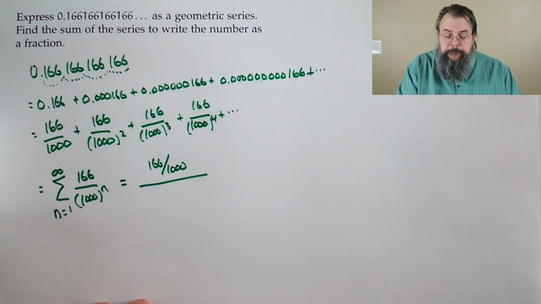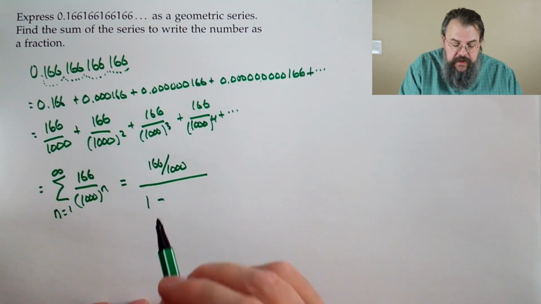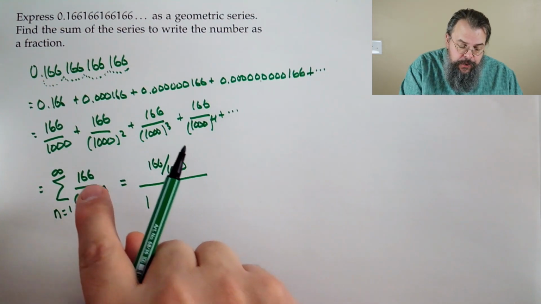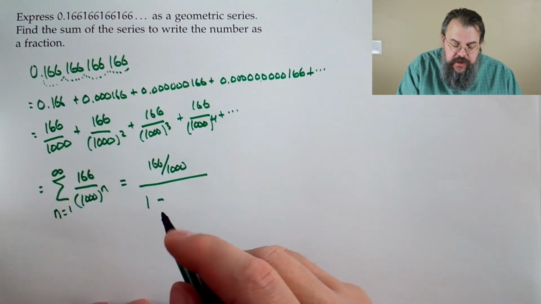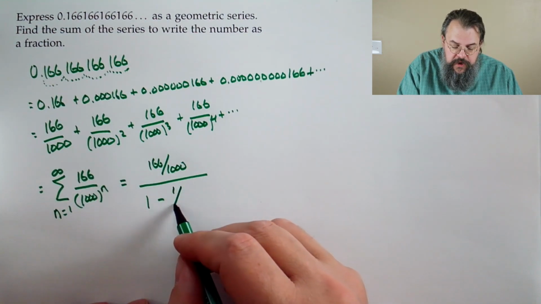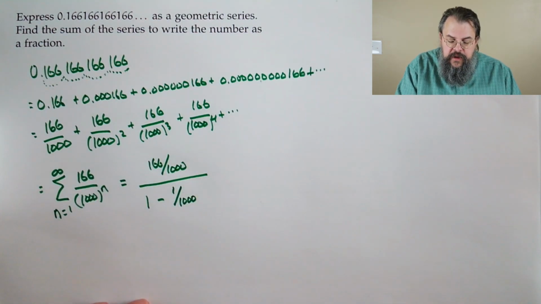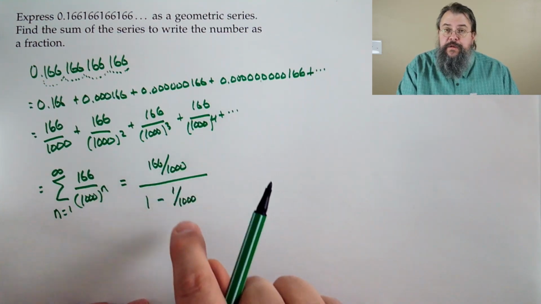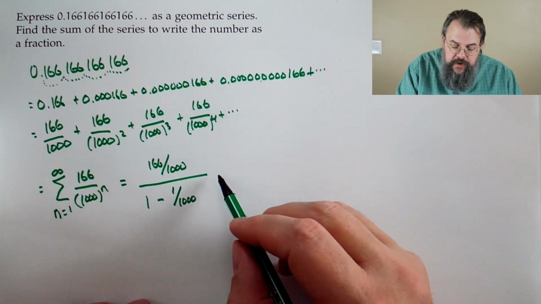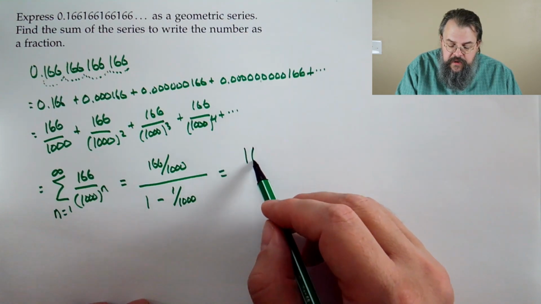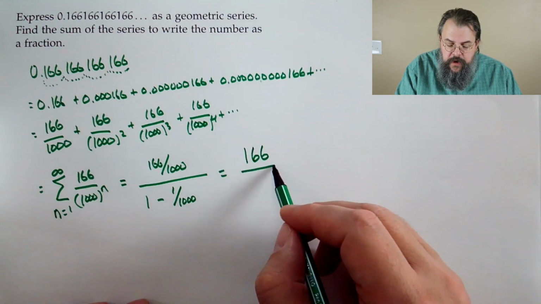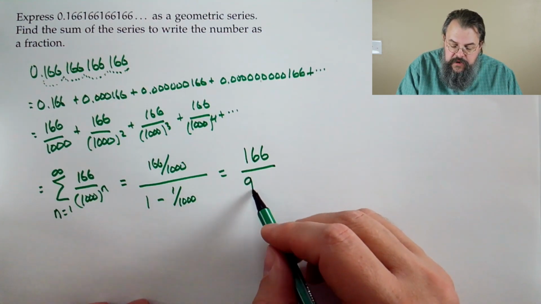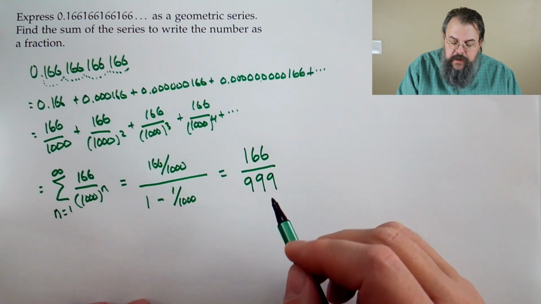all over 1 minus, what are we multiplying by at every stage? Well, we're multiplying by 1,000 downstairs, which really means we're multiplying by 1 over 1,000. Let's multiply top and bottom by 1,000. So we end up with 166 over 1,000 minus 1, which is 999.